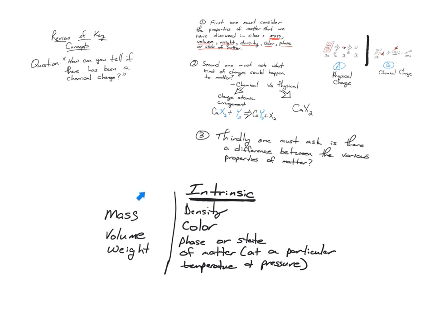Now there are these other properties. These change all the time depending on something that's extrinsic. And by extrinsic, we mean these are properties that are defined by something that happens outside.